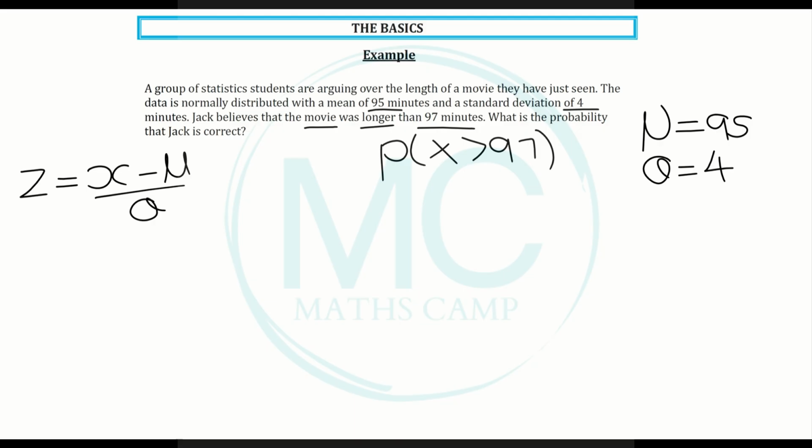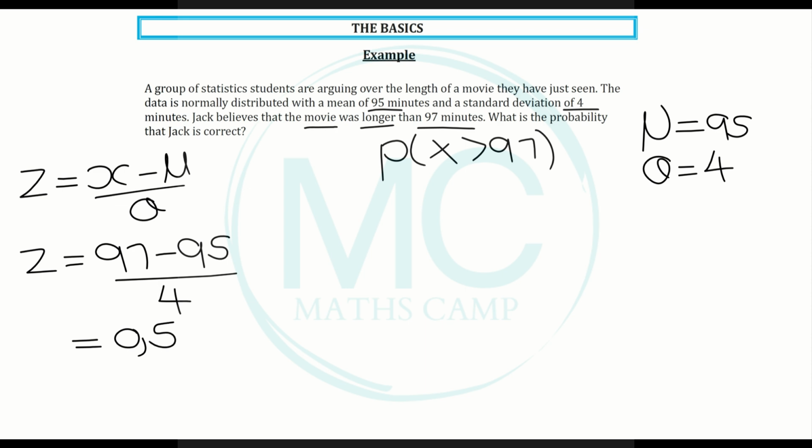The first thing we need to do is input our values into the formula. So I can say z is equal to x 97 minus mu 95 over sigma, which is 4. 97 minus 95 is 2, so I get 2 over 4, which means that z is 0,5.